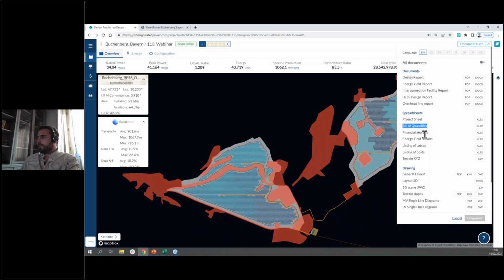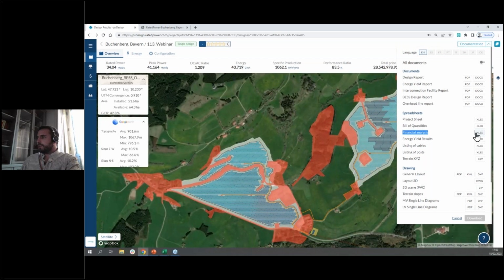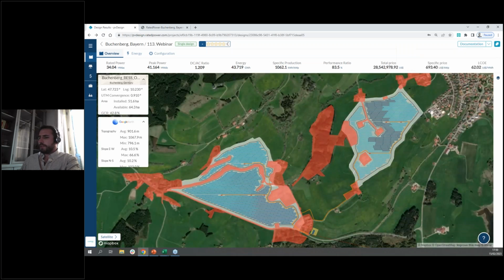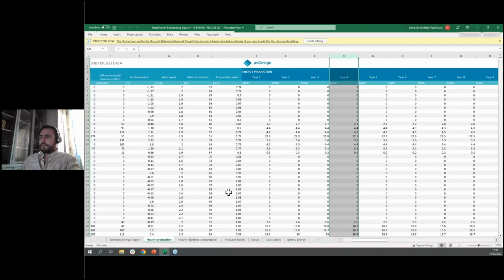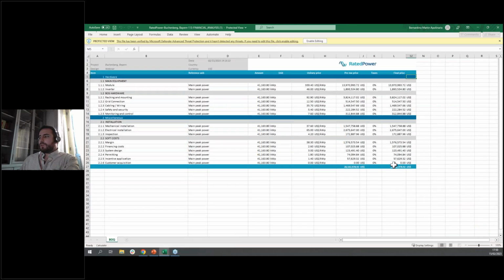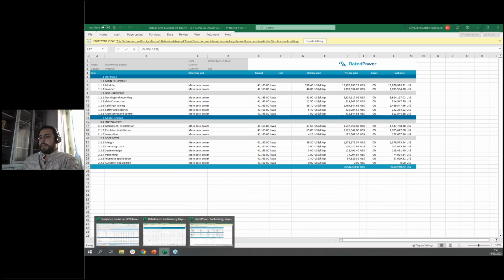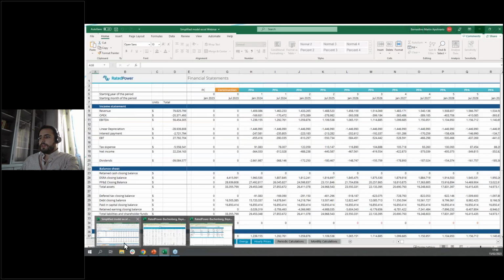That is the base for the financial analysis or the CapEx sheet. And here in this CapEx Excel, we can see the details of the CapEx, how it's calculated. We can also get this value, okay? We can copy this value and use this as a CapEx for the financial model.